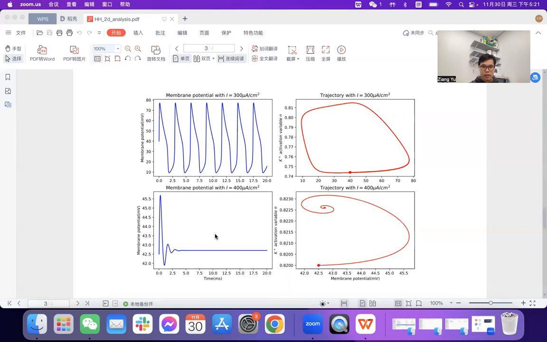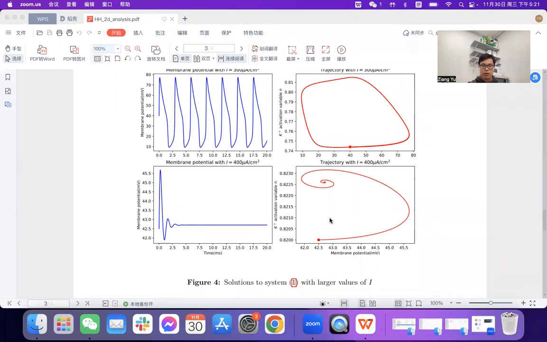I have absolutely no idea what the biological or physical explanation for this is. For example, if I equals 400, the limit cycle disappears and the trajectory returns to a sink, or a stable equilibrium, over here.